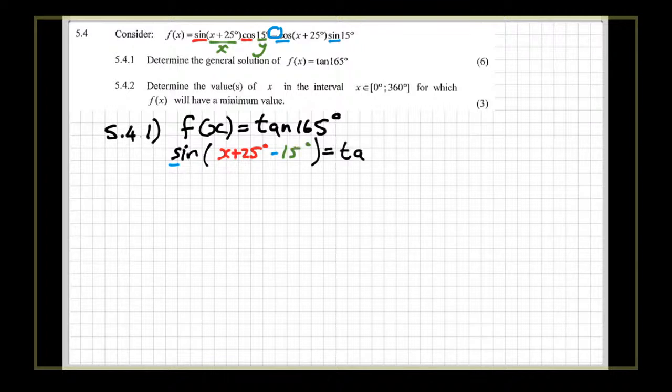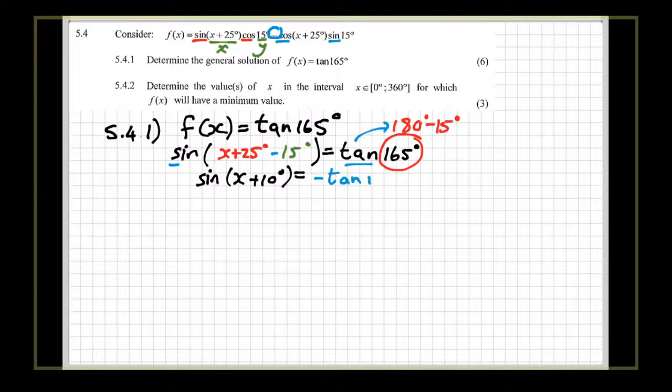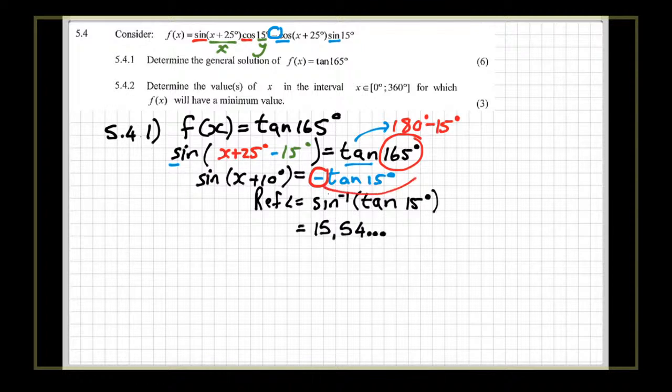So you'll see there that I made my sine into a single identity. Then on the right hand side, I did my, let me speed this up a little bit. There we go. Becomes negative tan of 15 degrees. Working out my reference angle. Showing me my quadrants that I work in. Quadrant 3 and quadrant 4.